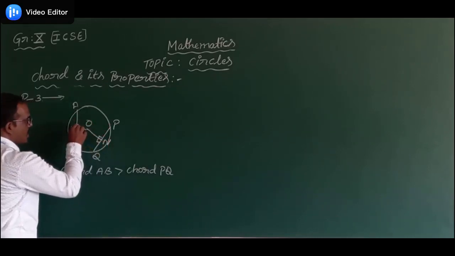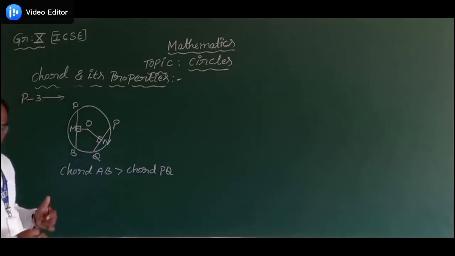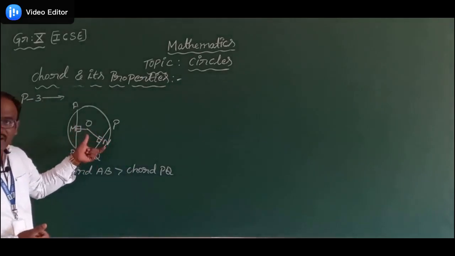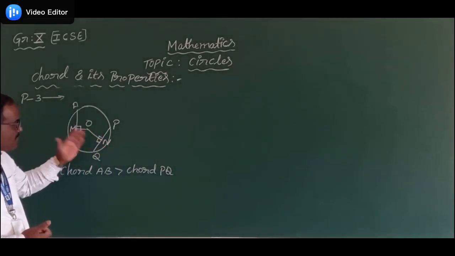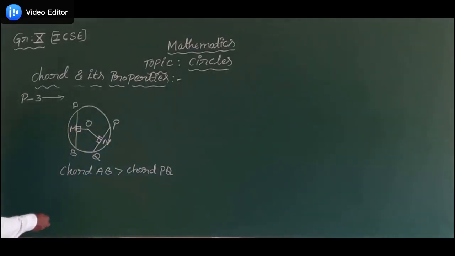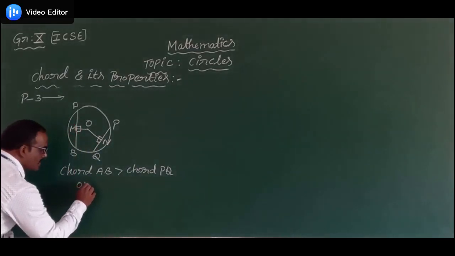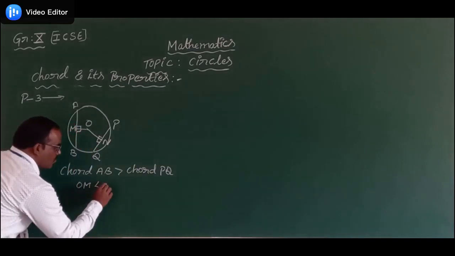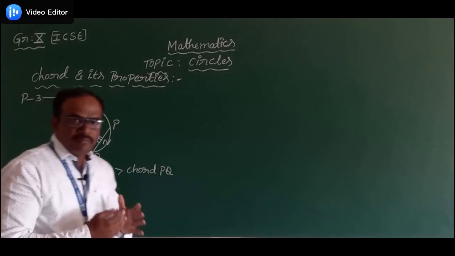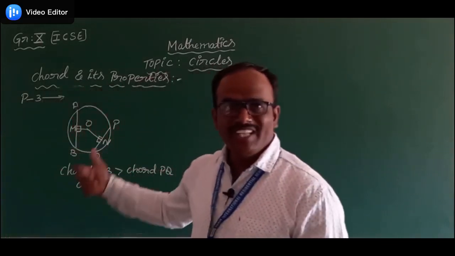Okay, now we can draw the boxes here. Now, what is the relationship between OM and ON? You can observe the lengths of the perpendicular distances. There you can identify that OM is less than ON. So what information do you get from this property?